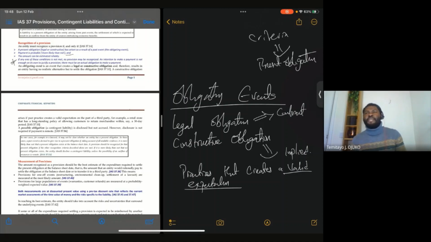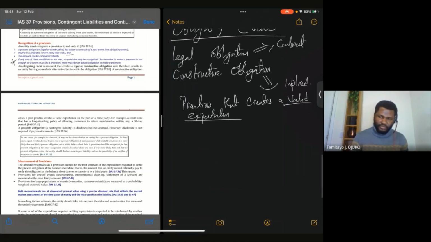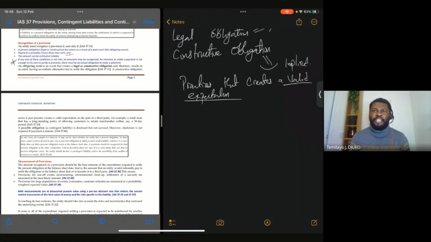Now, a typical example of this that can come to my head now is, let's take for example, a company that is known to repair damaged goods returned.